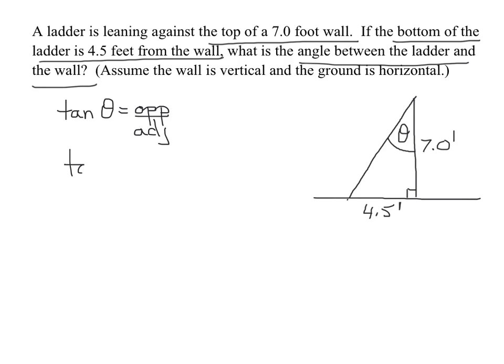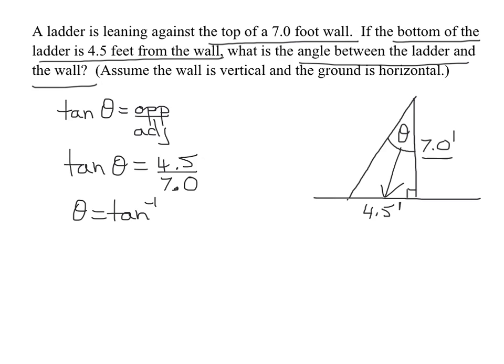So what is the opposite side? The opposite is 4.5 divided by, what's the adjacent side? 7.0. So now to find theta, all I have to do is the inverse tangent on my calculator of 4.5 divided by 7.0.